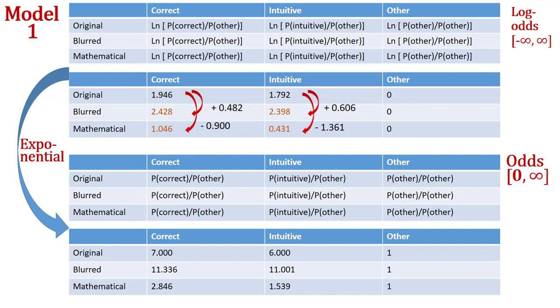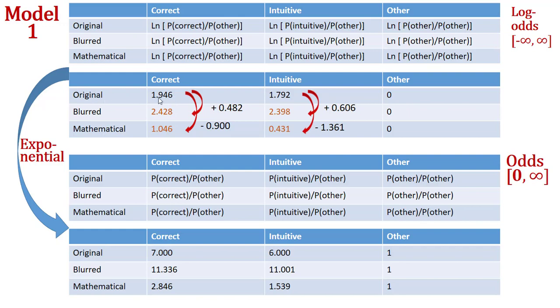So we also have to have a reference value of the independent variable. We are going to take original as the reference value. So other is the reference value of the dependent variable, and original is the reference value of the independent variable.